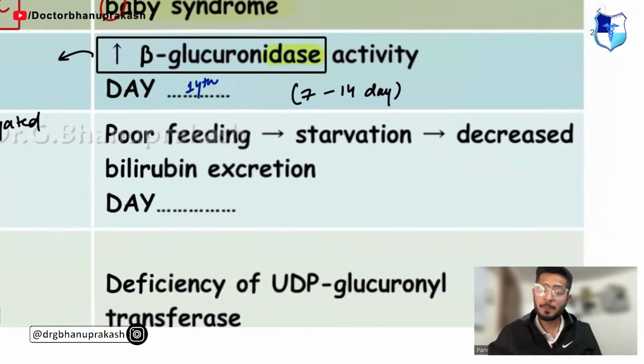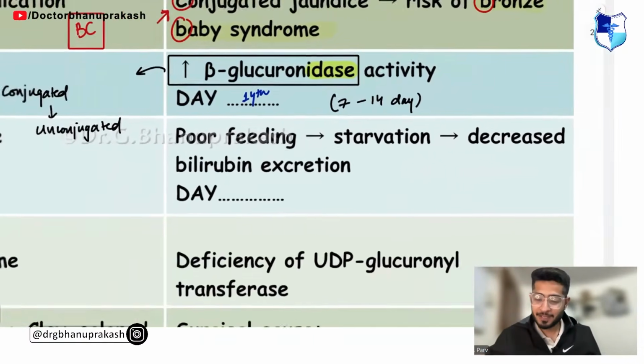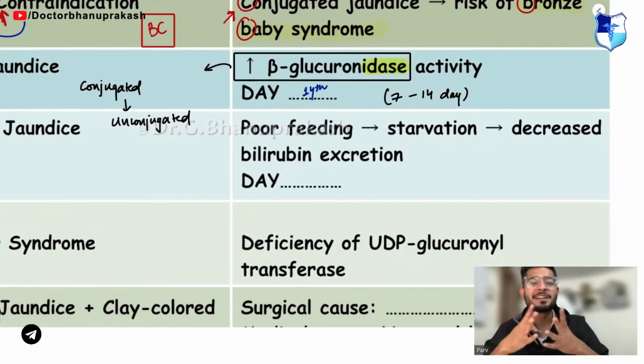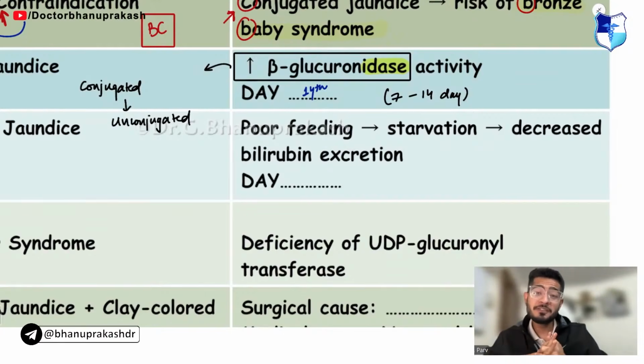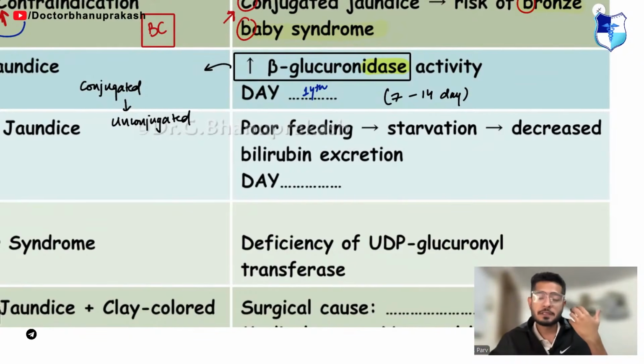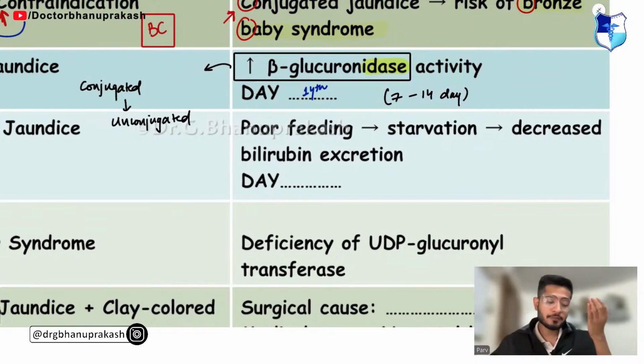So what is breastfeeding jaundice? See, in the primary mother, they think that they have a poor feeding habit. Some primary females don't know how to feed the baby properly. So there is going to be poor feeding, and then of course the baby is going to starve.